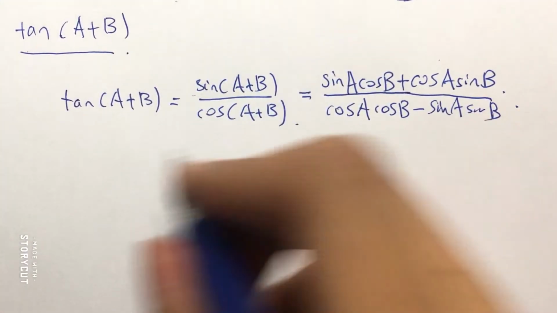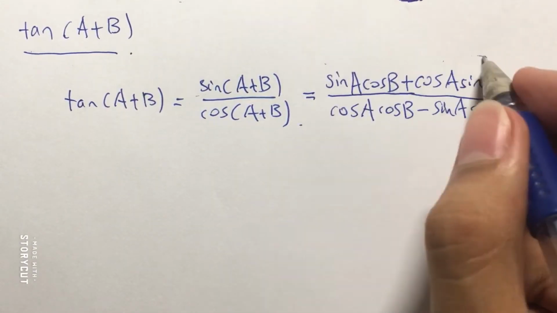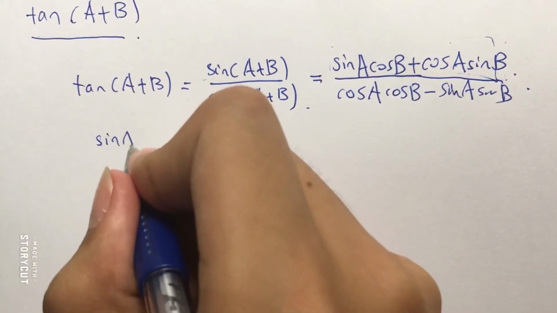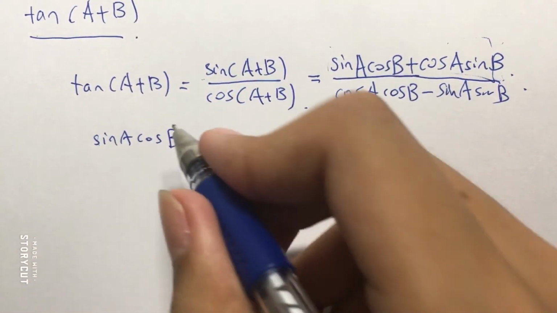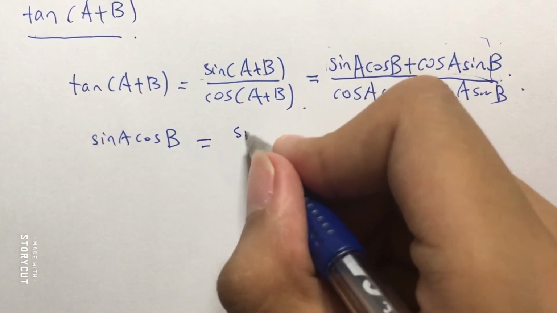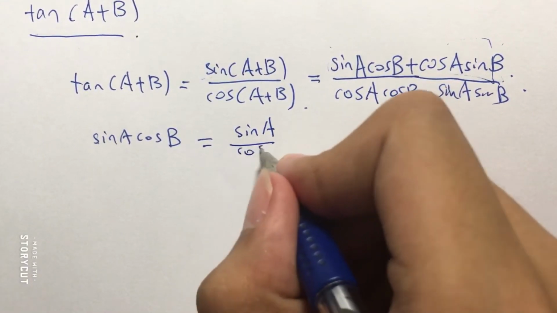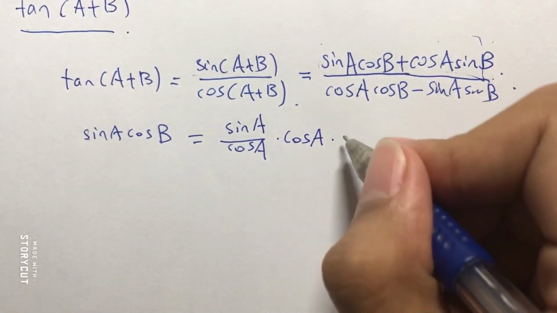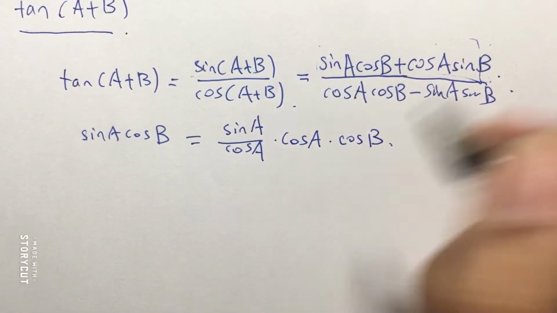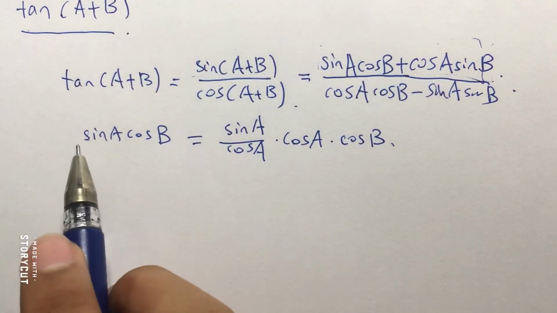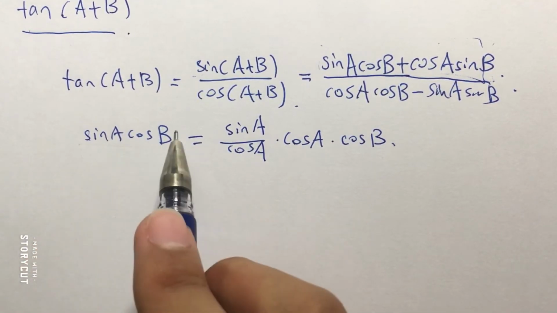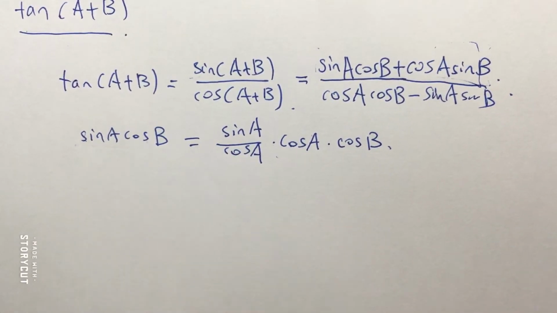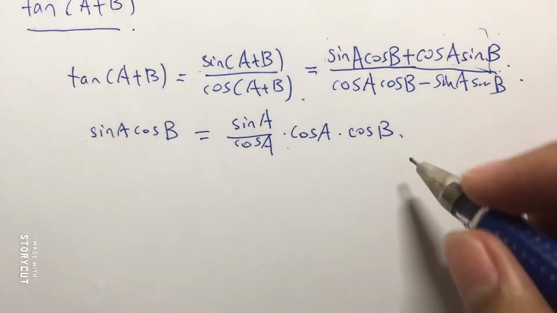Now let's look at this. For sine A cosine B, let's write it as sine A over cosine A times cosine A times cosine B. So simply we just add a cosine A on the bottom and then we multiply by another, because when you cancel out these two, it's still the same. This is called construction.